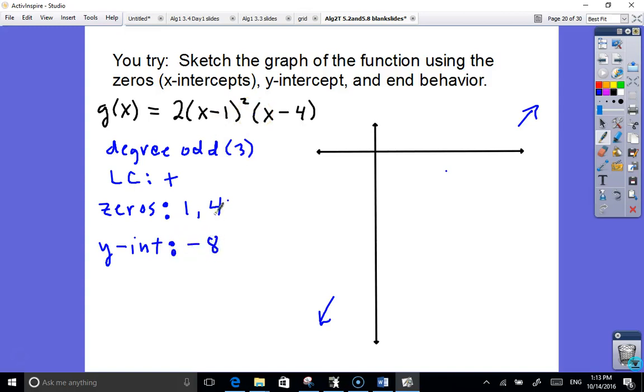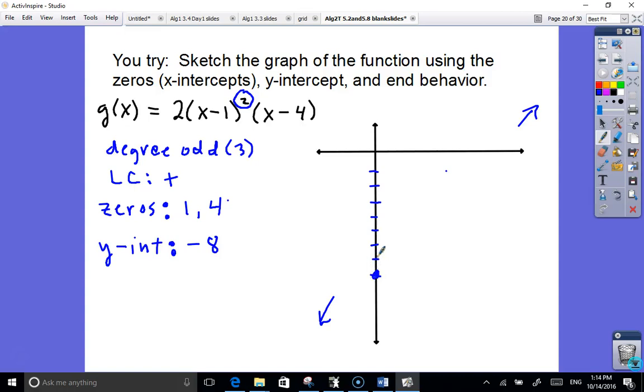Okay, and now, are we going to have any zeros that have the behavior near the zero that it's just tangent to the x-axis? Which one of those zeros is going to be tangent to the x-axis? Right, the one that comes from the factor which is squared. So I'll draw all this in here, right? 1, 2, 3, 4, 5, 6, 7, 8.